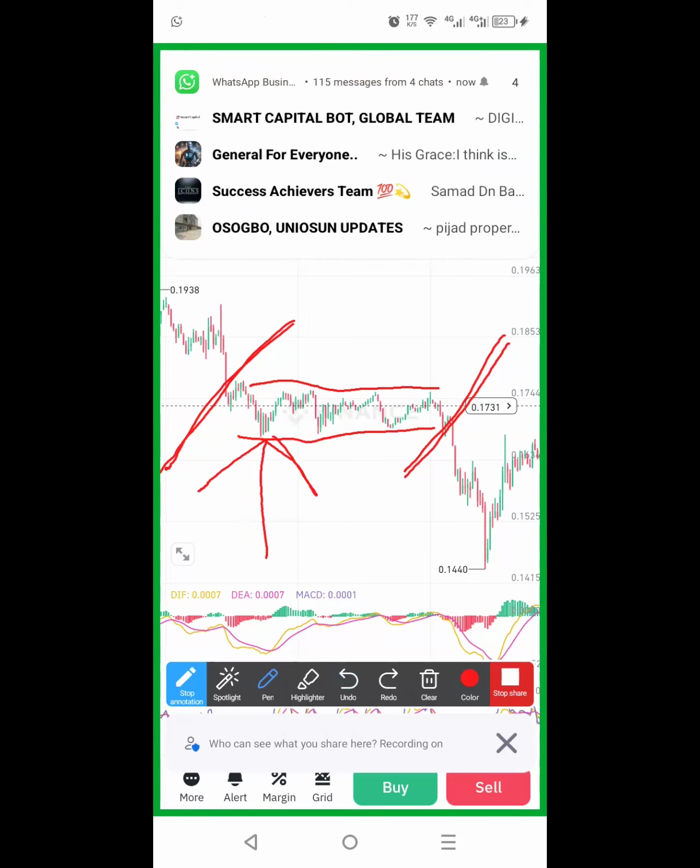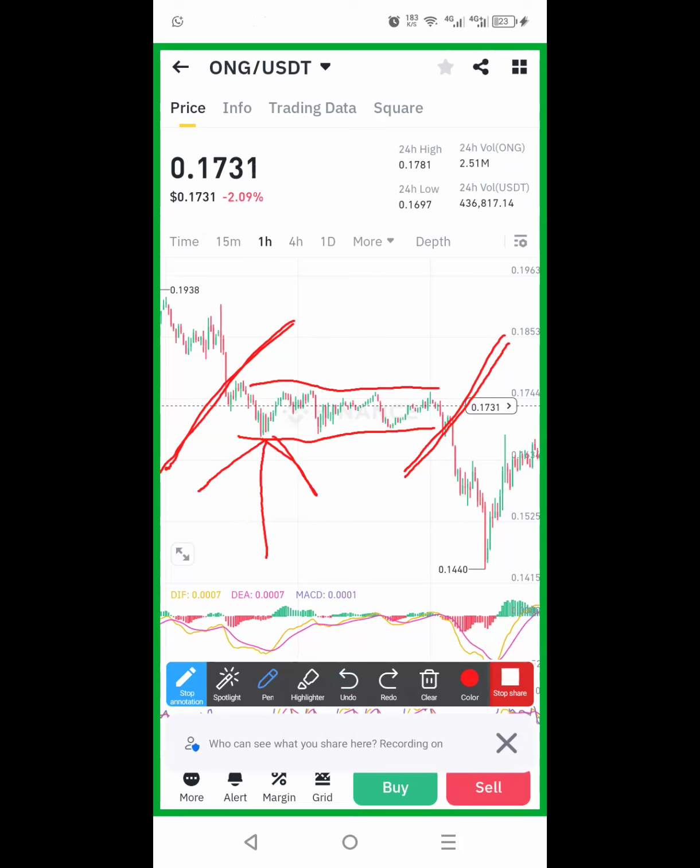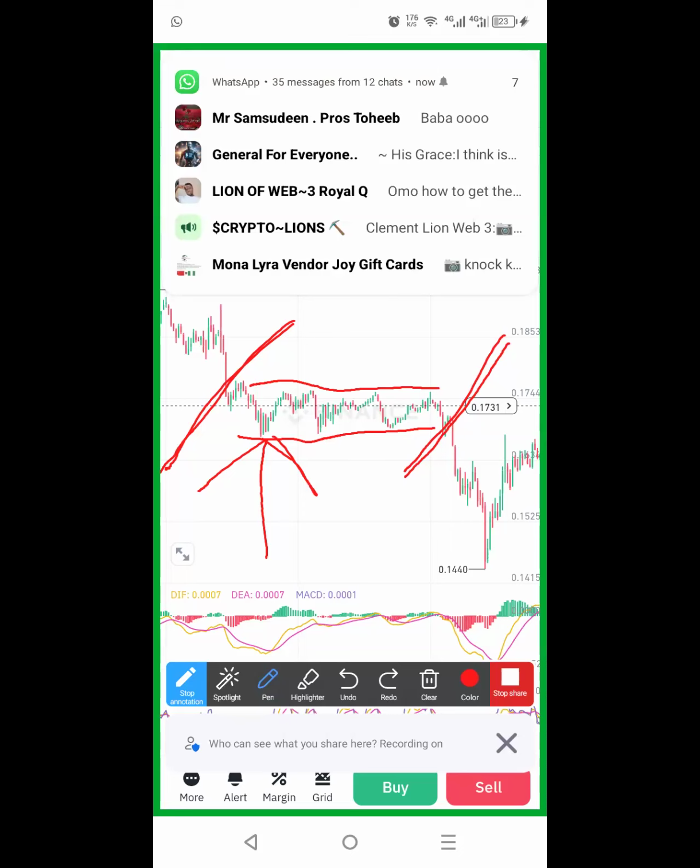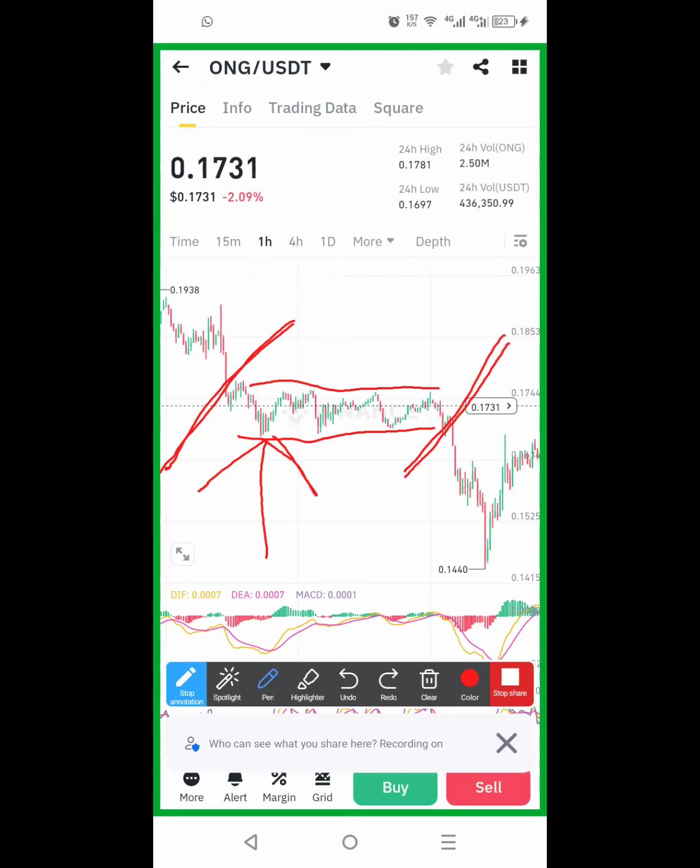Assuming this type of movement is happening, some coins might be moving sideways like this for 4 hours, 8 hours. It does happen. I don't enter one trade before like that. Some coins move sideways from morning to night.